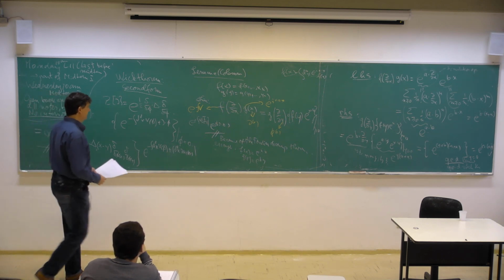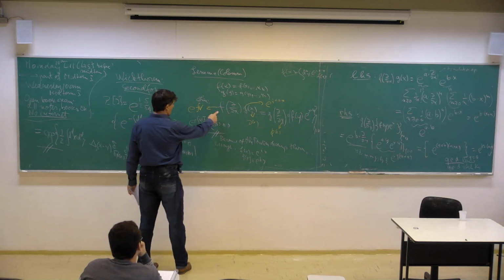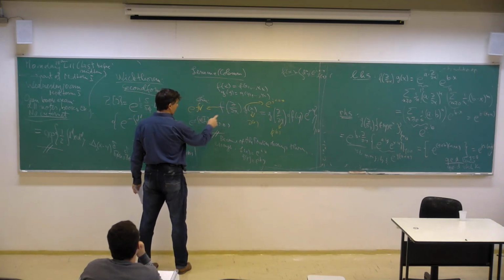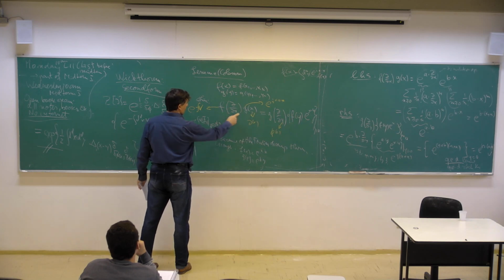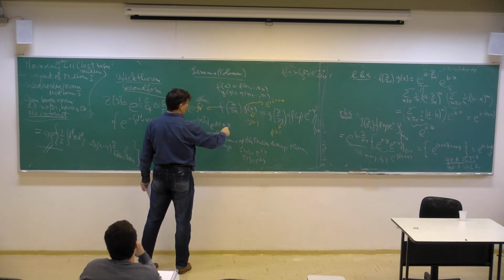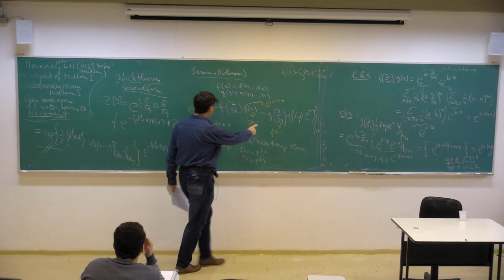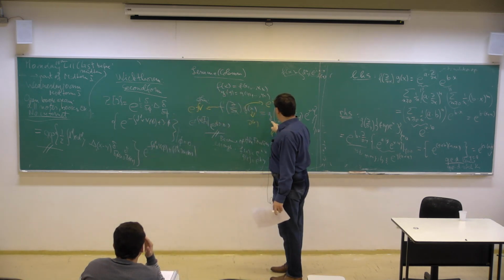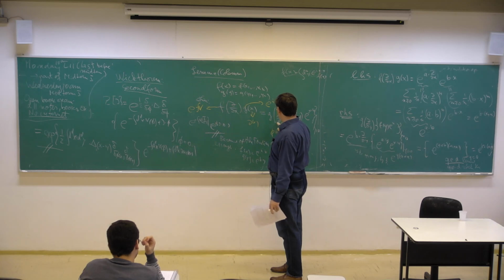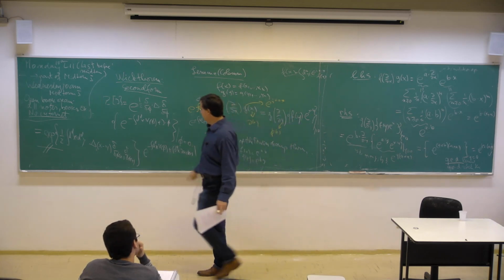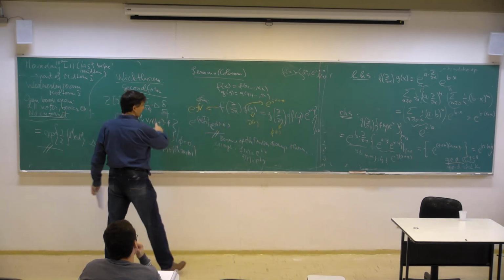So we see here we have e minus integral v of ddj, e to the 1/2 j dot delta dot j, and on the right hand side we have g, which is e to the 1/2, but now j is replaced with phi, so dd phi dot delta dot dd phi. That's this thing.